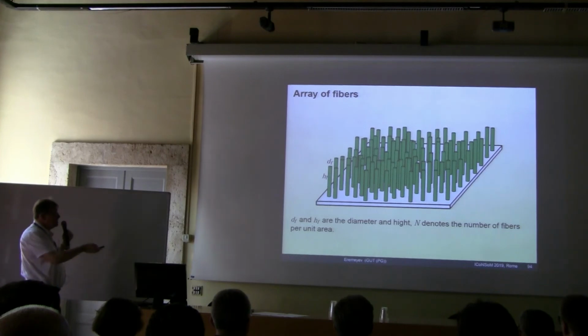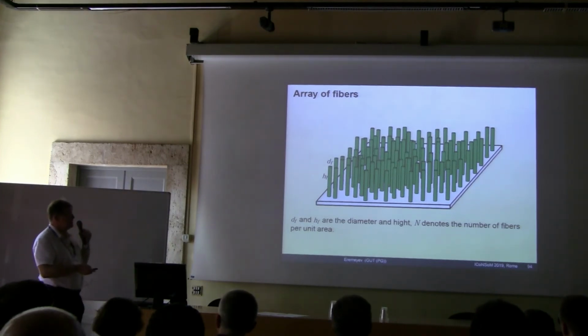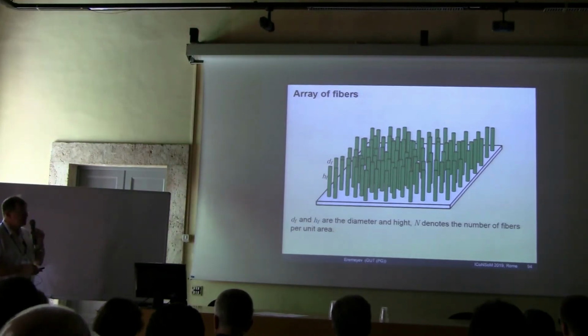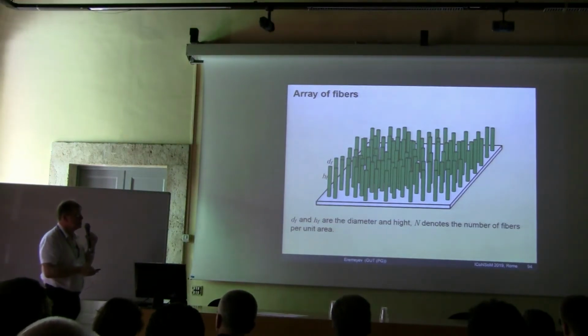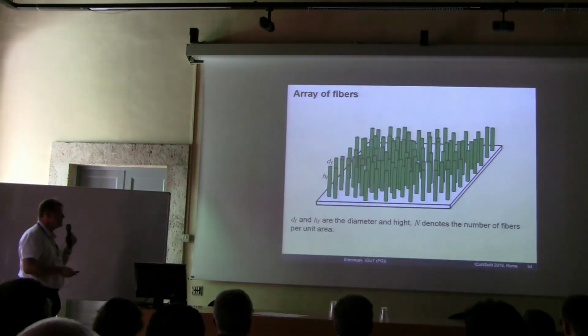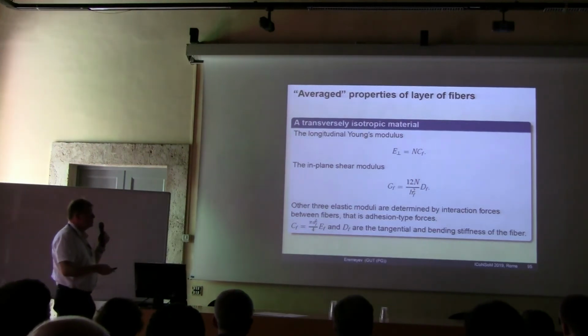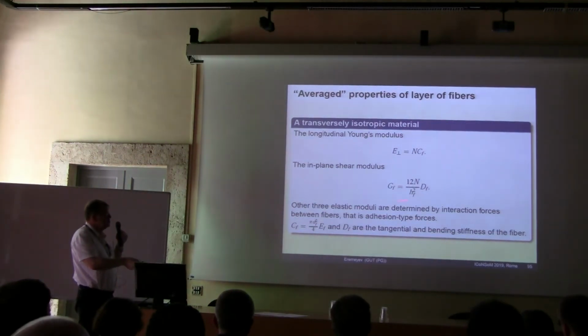Another example is just an array of fibers. In this case, the two-dimensional constitutive equation should be transversally isotropic in some sense. With some calculations, for example, the in-plane shear modulus looks like that.